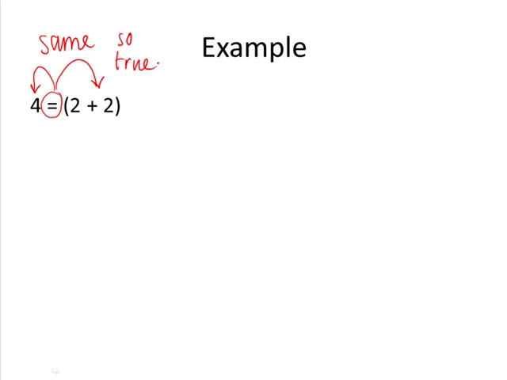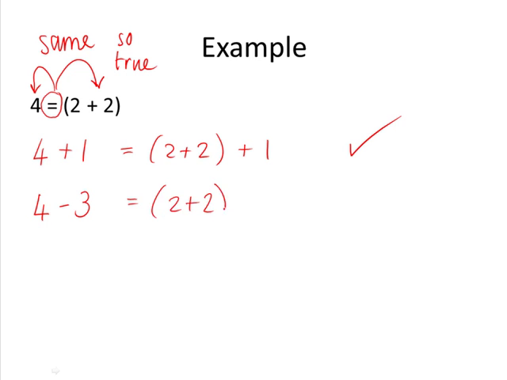When I say it remains true, I mean that still the thing on the right does equal the thing on the left. So I could say, for example, 4 plus 1 is equal to 2 plus 2 plus 1. That's still true. Now it's saying 5 equals 5. I could say 4 minus 3 is equal to 2 plus 2 minus 3, because now I'm saying 1 equals 1, which is true.